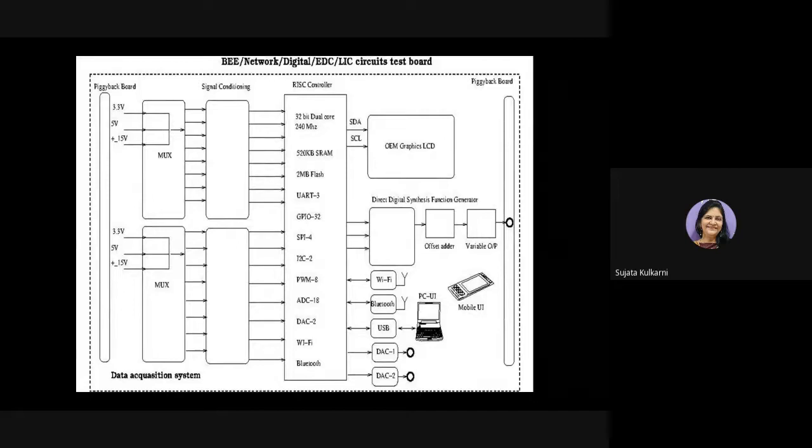Those things have to be fulfilled along with some protection, because if a student by mistake makes wrong connections, severe damage should not happen. They should be able to use the board fearlessly, but we should provide some precautions so that much damage does not happen to those integrated circuits. So you should be very careful.